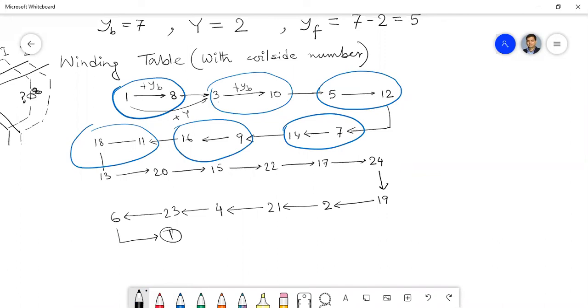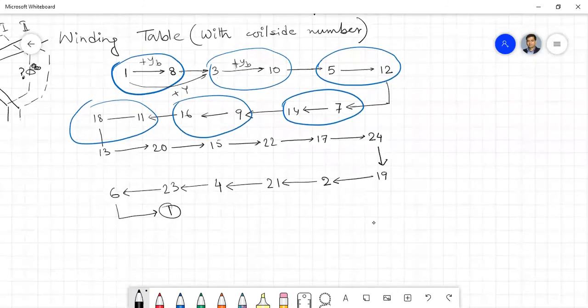That you should remember. And between two different coils, the difference is capital Y, that is the winding pitch. So winding pitch means difference between two windings in terms of coil side. Is it clear?